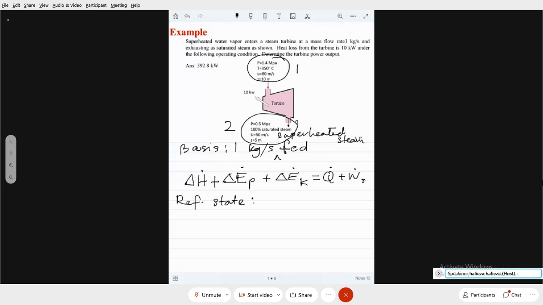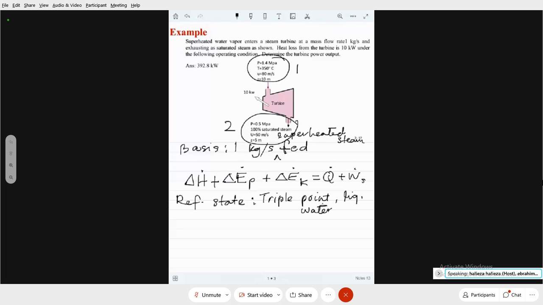It should be the triple point of liquid water. That means the temperature is 0.01 and the pressure is 0.00611, as we saw just now in the steam table. That is your reference state.